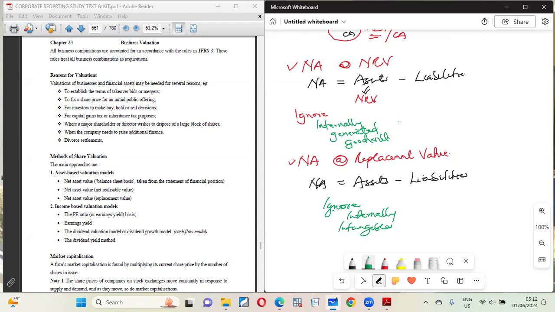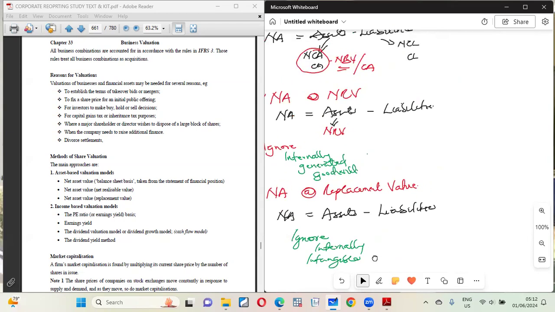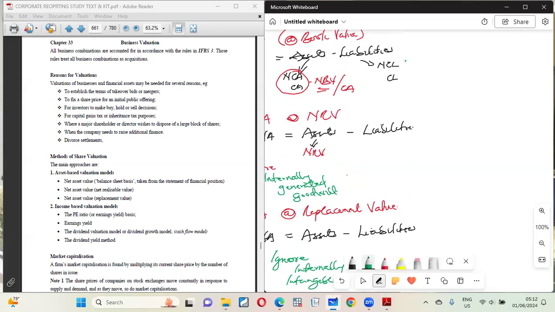Now, you realize that in all the net asset-based methods, there is liability, liability, liability. Now, what is the definition of a liability? We've learned in almost all of our classes, IAS 37, financial instruments, that liabilities are present obligations.